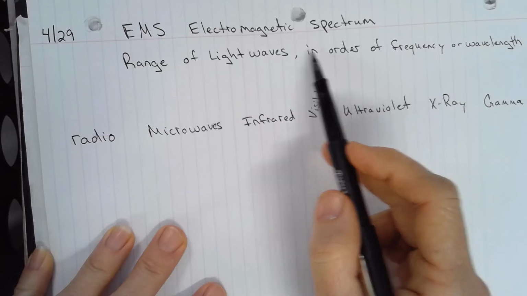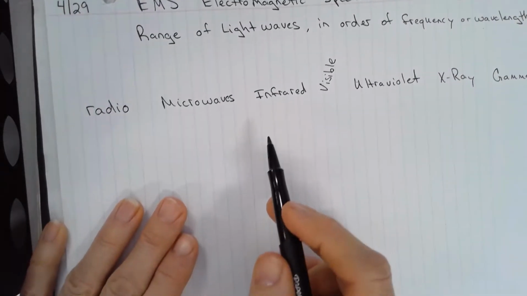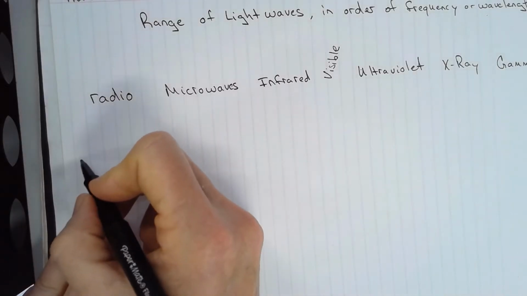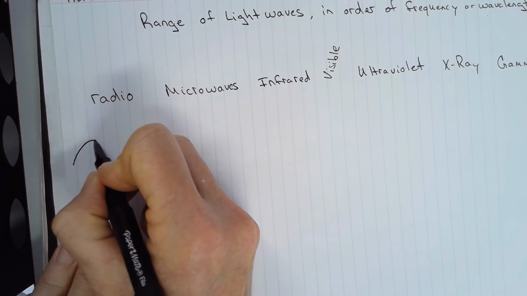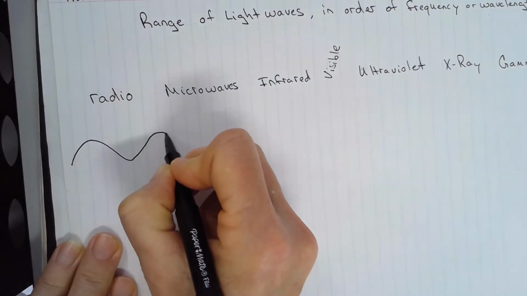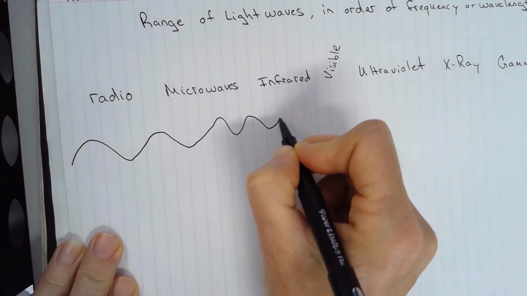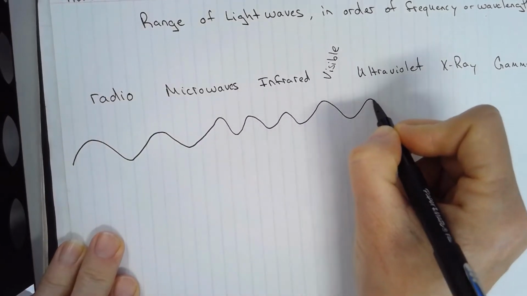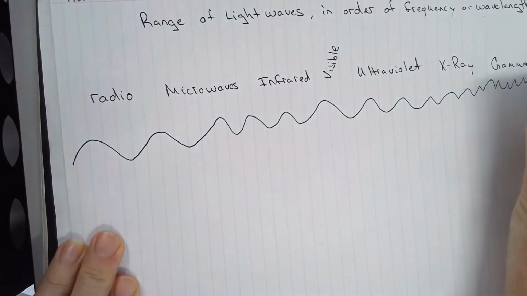And so since this spectrum, this range is in order of frequency or wavelength, the radio waves are the widest, the longest waves, and then the wavelength decreases until the wavelength is very small.